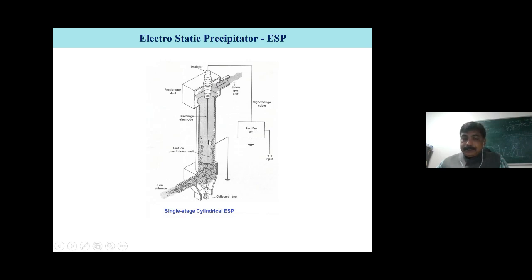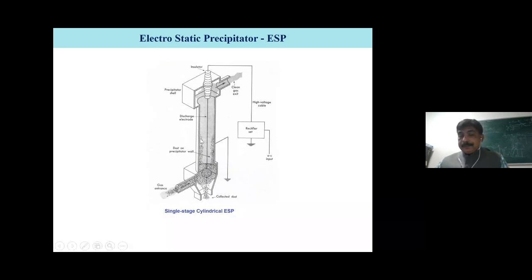When these electrons jump out of this wire, they attach to these particles. So the dust particles become charged, and this outer body is earthed. You can see here. So there is a potential gradient between this wire and the surrounding surface or the casing. Particles will have a tendency to move towards this body because they want to discharge the electrons which they have gained here.